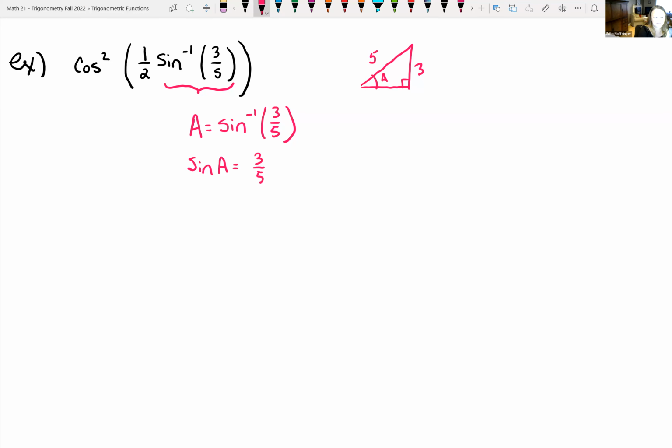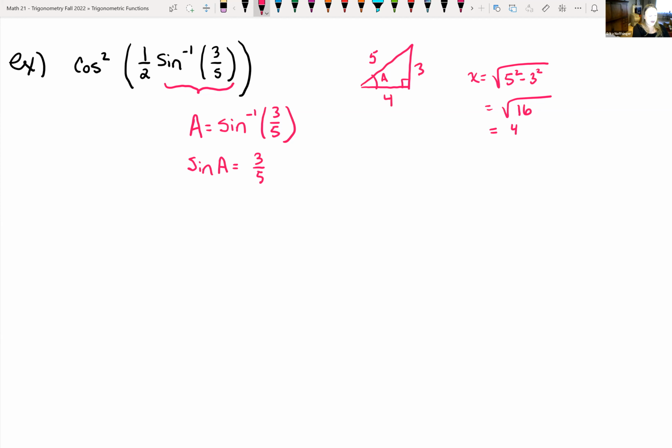And so we want to find this side, let's call it X. And so we know that X is equal to the square root of the hypotenuse squared, so 5 squared, minus the other leg squared, 3 squared. So this is 25 minus 9, which is 16. So square root of 16 is 4. So this length over here is 4.